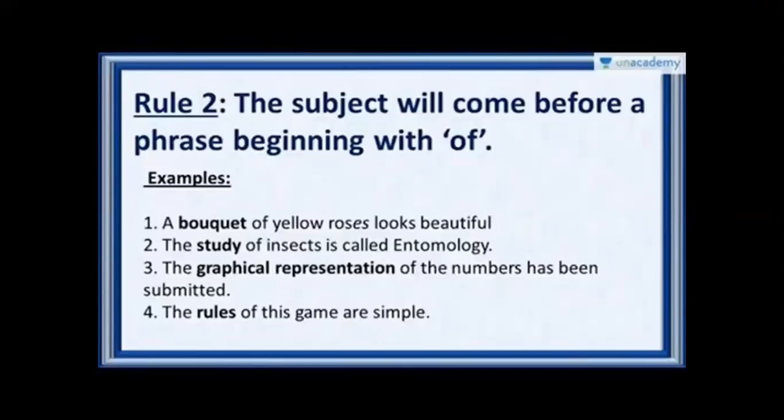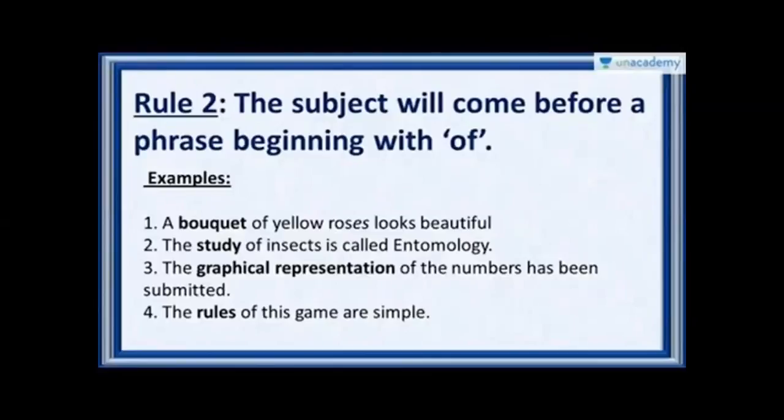If you have a phrase in the sentence, where is the subject? See, for example, look at the rule. The subject will come before a phrase beginning with of. Now, if you see, bouquet of yellow roses. Yellow roses is a phrase. So the subject has come before of. Obviously the subject will be before of.